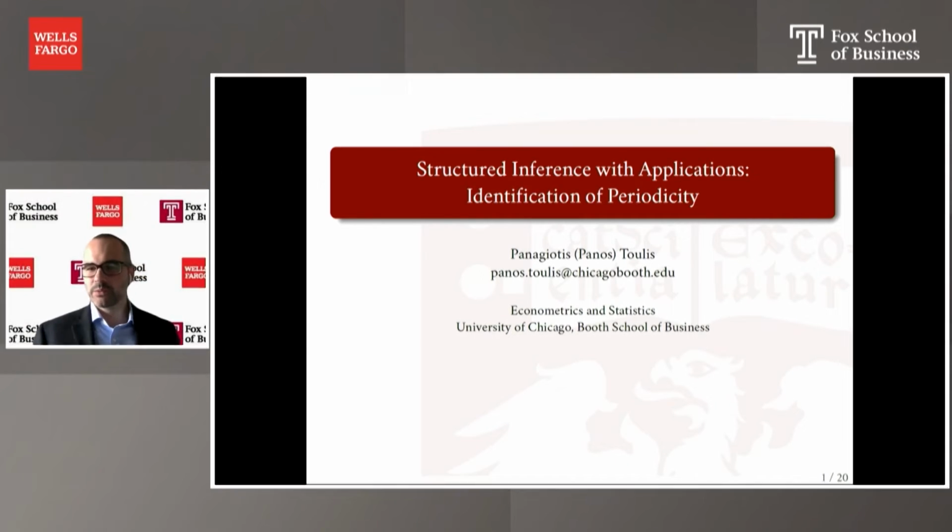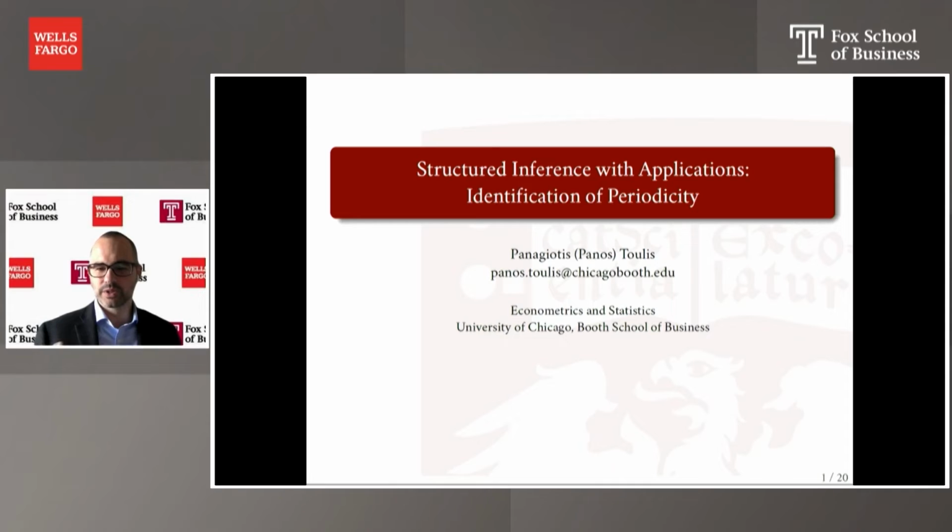So today, what I want to talk about is a problem that relates to identification of periodicity. And that's, I think, a pretty foundational problem for finance, for astronomy, and other fields. Kind of in line with Natesh's exploration of similarities between finance and other fields, I'll do something very similar.